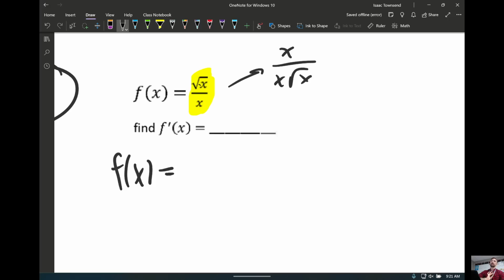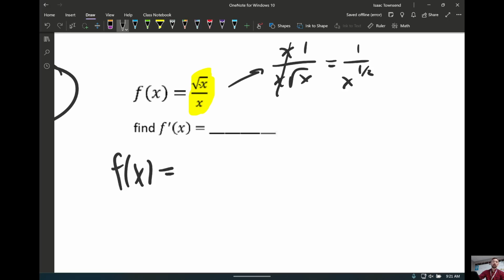Well, you're not necessarily wrong. What else could you do to this? Okay, you could cancel these out. And then what else could you do to this? Square root is the same as an exponent of what? Okay, and I need this up in the numerator.